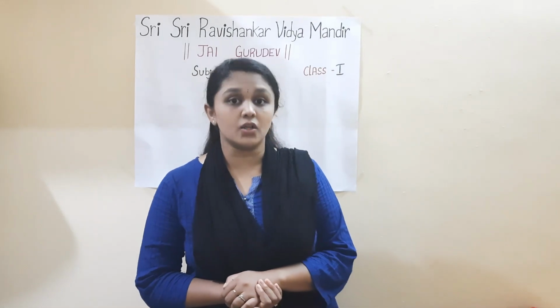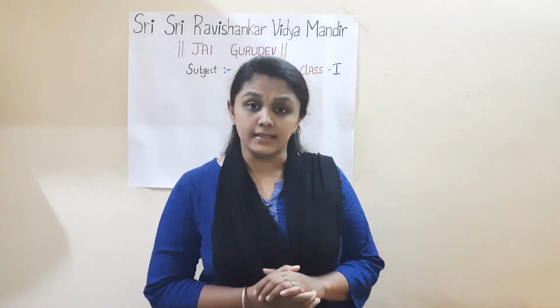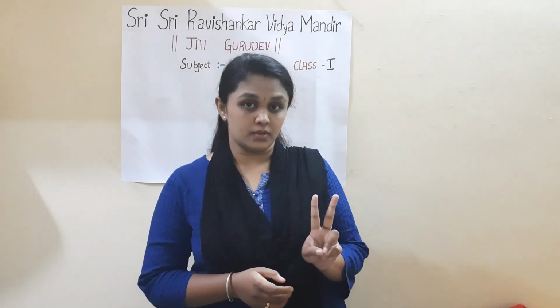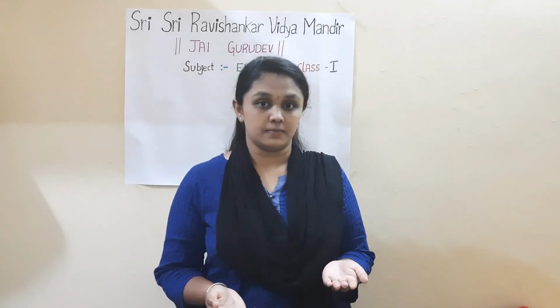Children, now we learned the characteristics of living things and non-living things. Now it will be very easy for us to identify whether it is a living thing or a non-living thing. All the things on the earth are divided into two groups: natural things and man-made things.